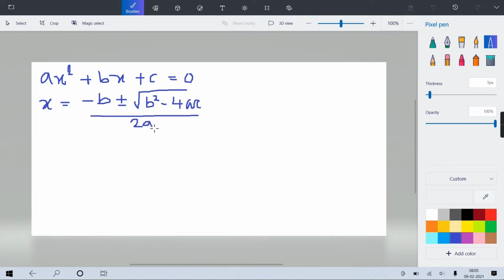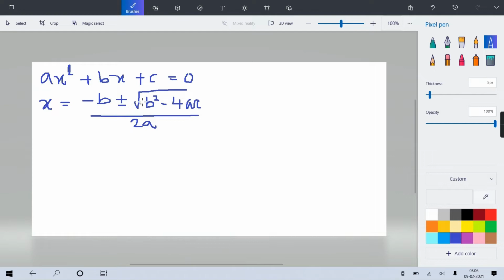Once plus and once minus, therefore 2 solutions. But the value b square minus 4ac is what the solutions depend on. It can be positive, negative, or 0.